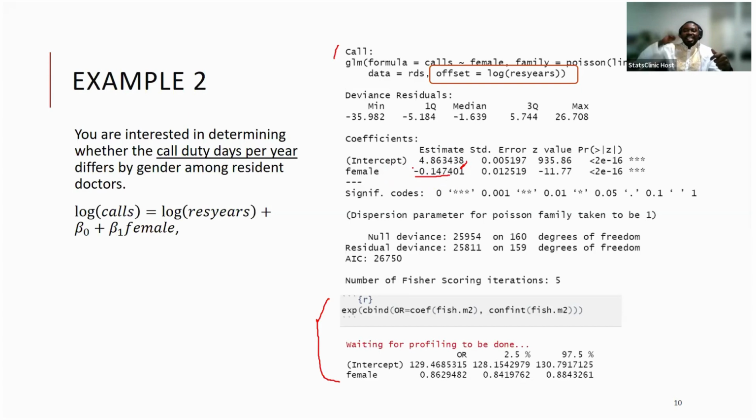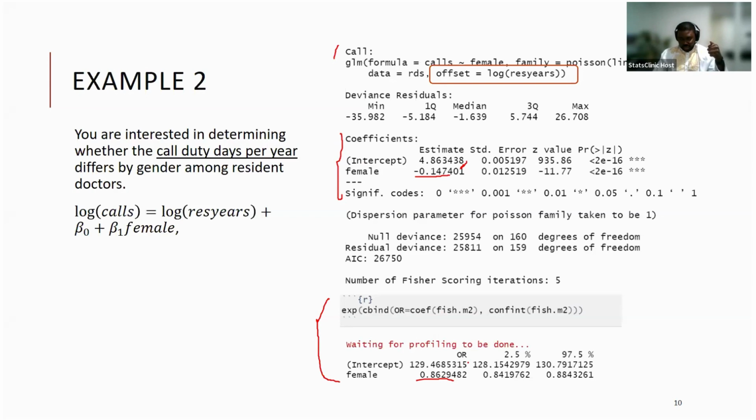The increase in the female, okay? You remember we were talking about how when you increase among male, comparing to males, this is how much more females have, okay? But now because we're looking at it in the multiplicative model, right? I will say don't interpret these coefficients because you will quickly get confused. Interpret this one, okay? So here you will say that males have had 129 call duty days.